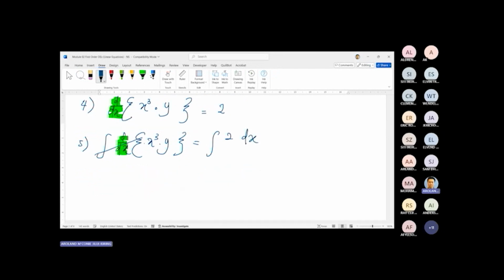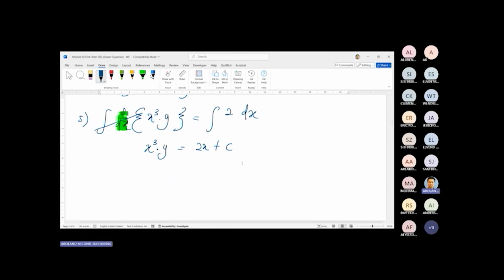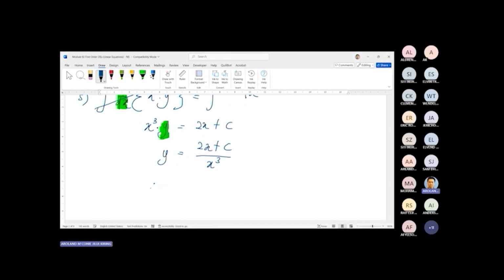This will cancel, so you are just left with x to the power of 3 times y. Then if you integrate 2, which is a constant, it becomes 2x plus constant c. Then you solve for y. Your y would be 2x plus c divided by x to the power of 3. So finally, your y would be 2 over x squared plus c over x to the power of 3.